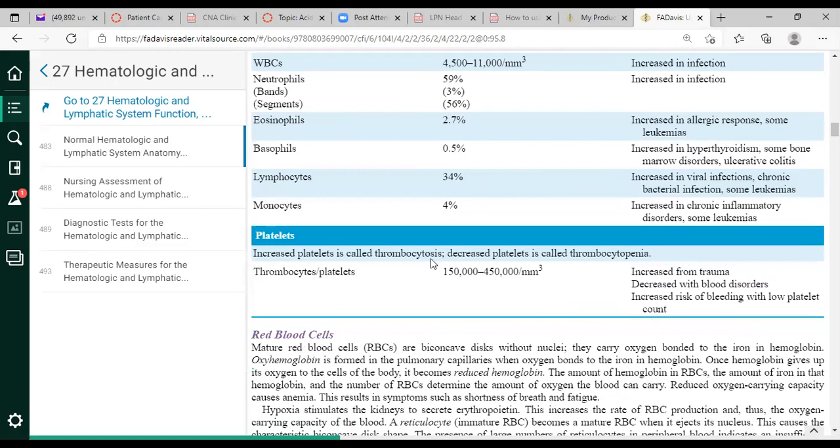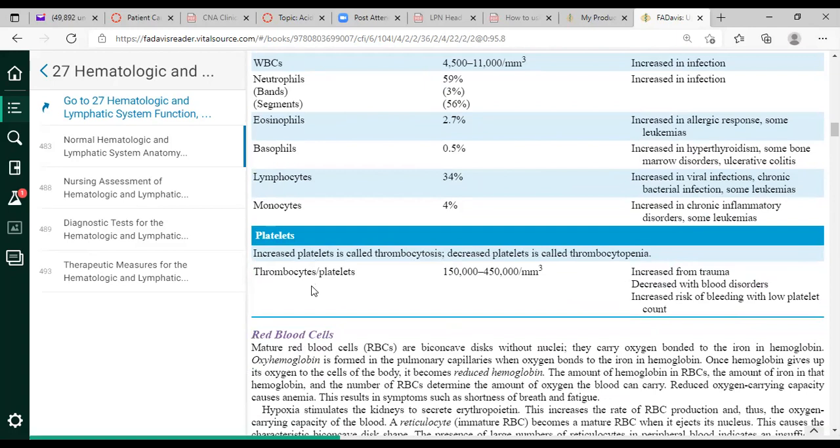And platelets, you need to know the normal range, 150,000 to 450,000. Platelets work in our body like this: if I just cut myself right now, of course, you're bleeding. You want to wash that area and you want to apply pressure to that area to stop the bleeding.